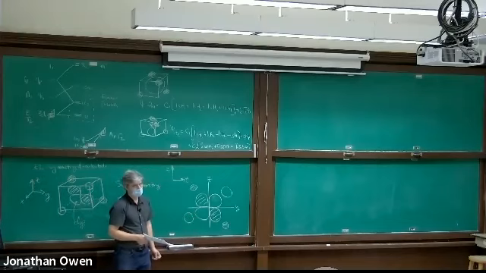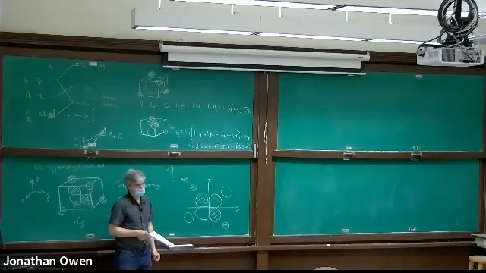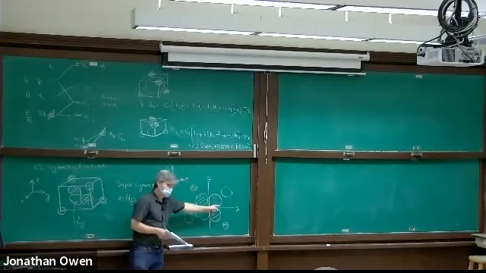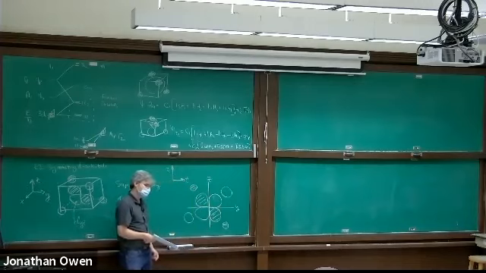Nodal planes: a pi bond will have one nodal plane, a delta bond will have two, on the internuclear axis. That plane must contain both atoms that form the bond. And there is a plane here, but the hydrogens are not on that plane, so it's not considered a pi bond. The hydrogens are not on the same plane.